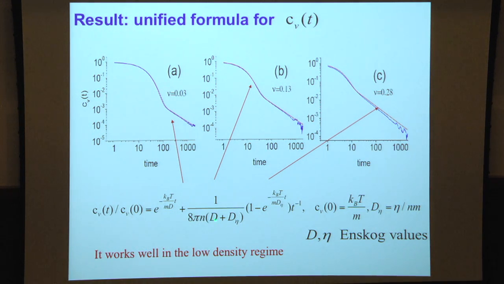Here, the parameter D is the diffusion constant of particle diffusion, while D_zeta is the diffusion constant of momentum diffusion. And for the inverse, it gives such a formula. All these values are calculated with the same formula.